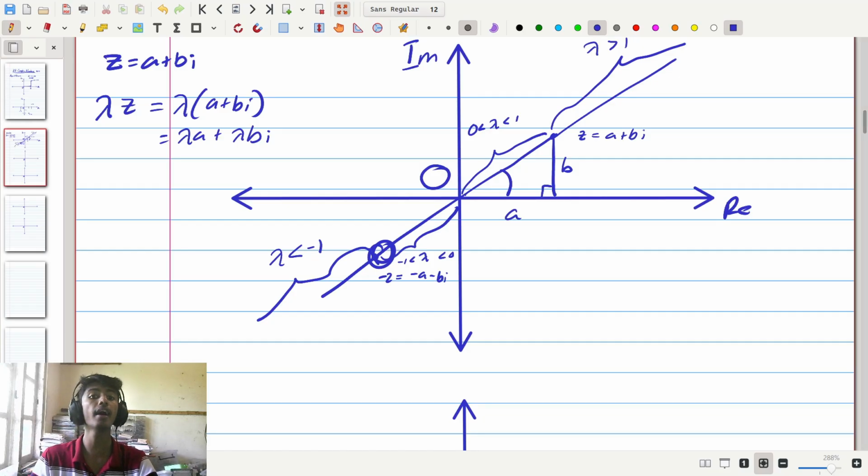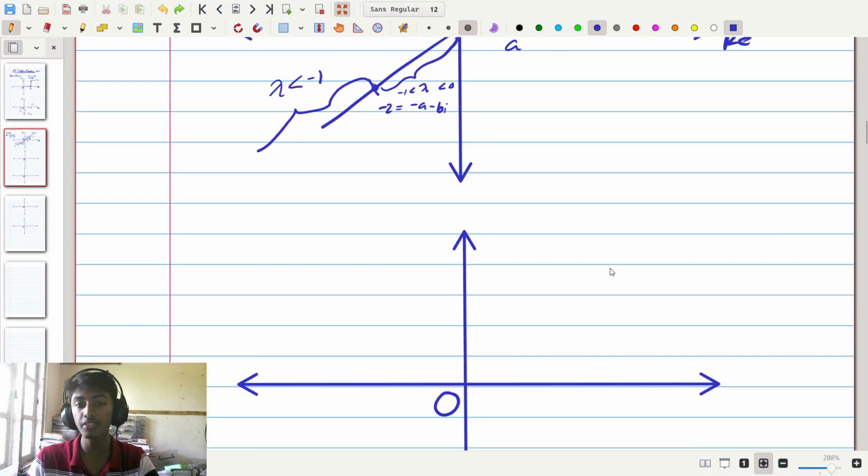And if lambda is less than negative 1, or we can say a greater negative number than negative 1, then we're going to be in this direction right here towards infinity, past the point corresponding to negative z. And that is the summary of all scalar multiples of a complex number z.